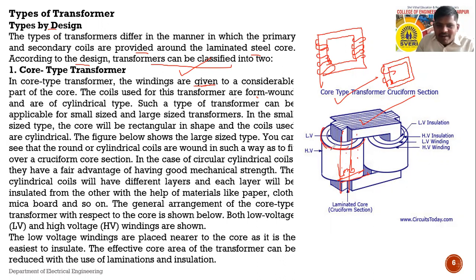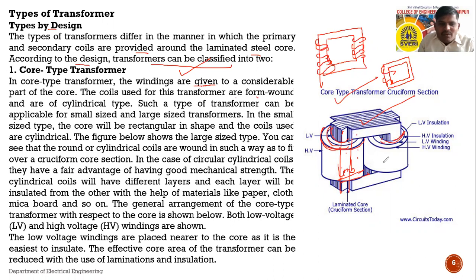So this cylindrical winding can be wound around the core. Core च्या भोवती cylindrical winding wound केलेले, and it will fit over the circumference of the core. कोरचा जो circumferential area असेल, around this circumferential area the winding will be wound.